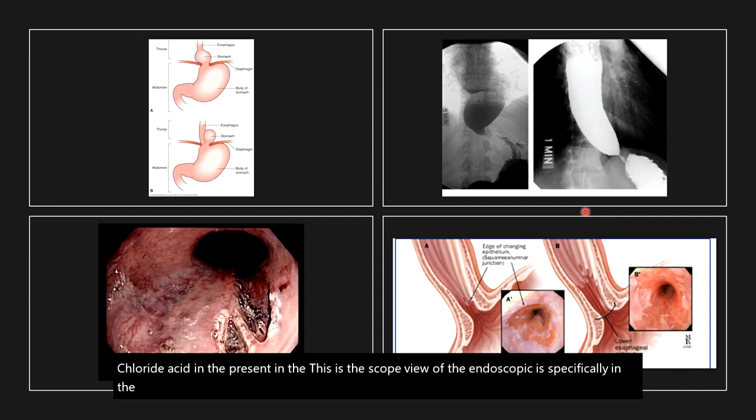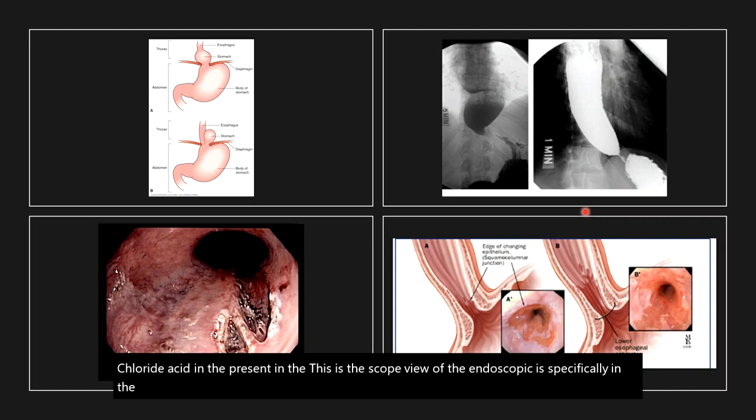When this person with manifestations of reflux, sour taste in the mouth, and exacerbation of the symptoms when lying down, also has a hiatal hernia, complications will be more frequent.